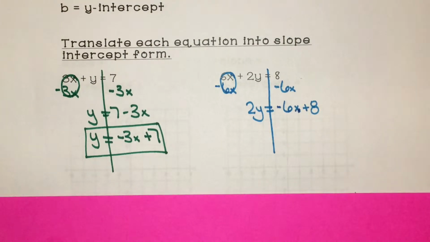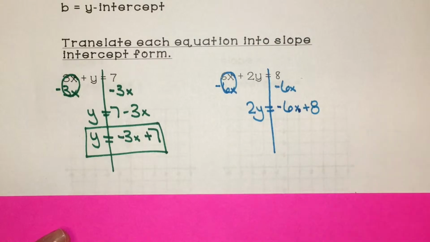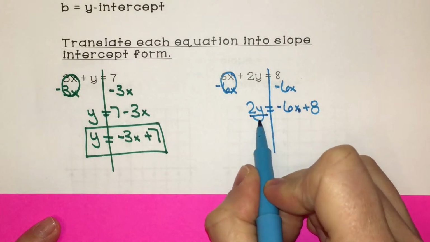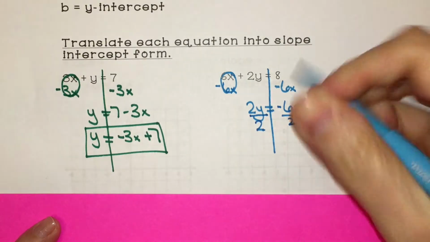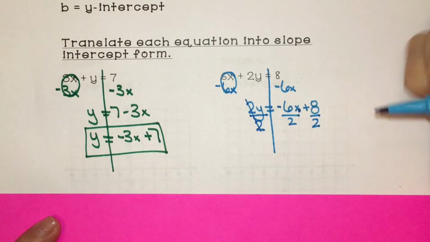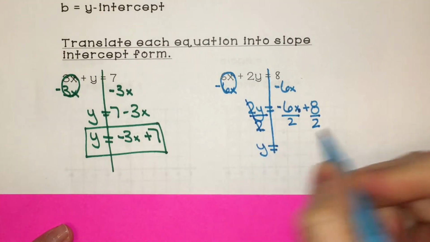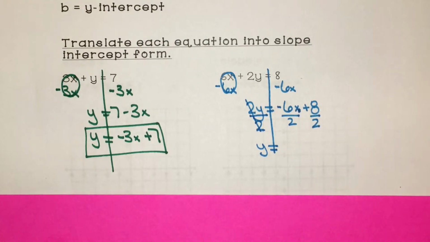All right, we're not done yet. We have y being multiplied by 2. Opposite operation is to divide. So we have to divide everything on both sides by 2. 2 divided by 2 is 1. So we're left with 1y, which is just y, equals, all right, negative 6x divided by 2. Well, we could do negative 6 divided by 2, and then it's multiplied by x.